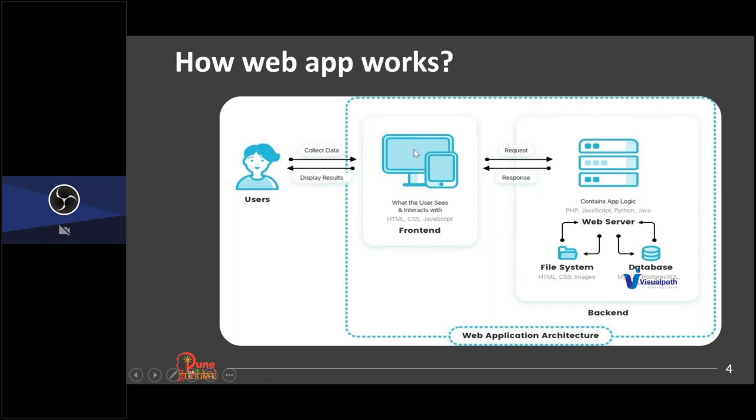So that is one transaction. Like that, a lot of transactions are handled by our backend systems, and this is how in general an entire web application works. Any doubt, any questions, anybody?